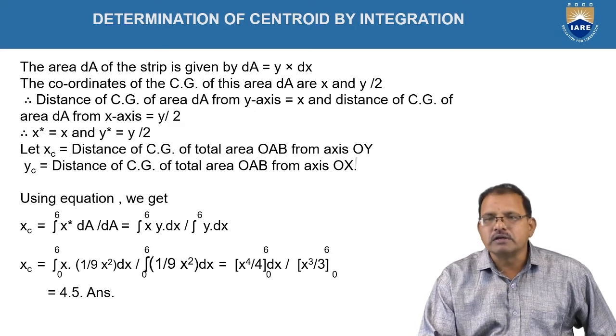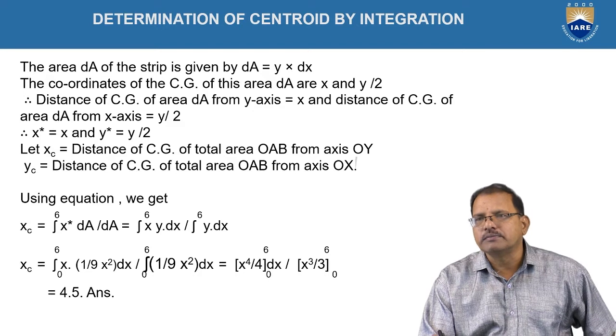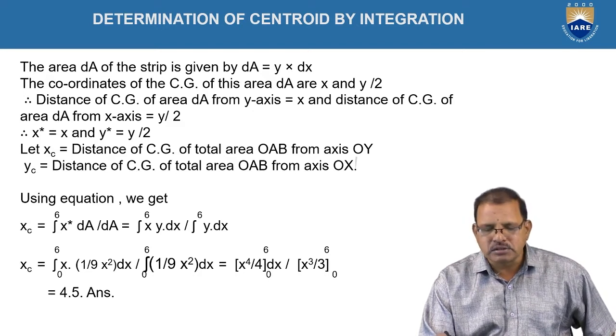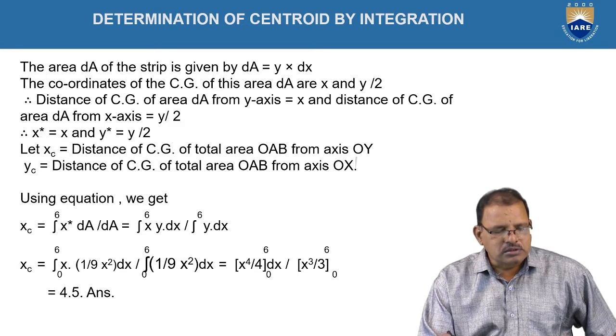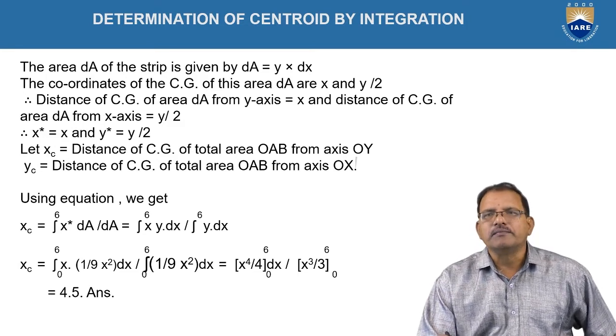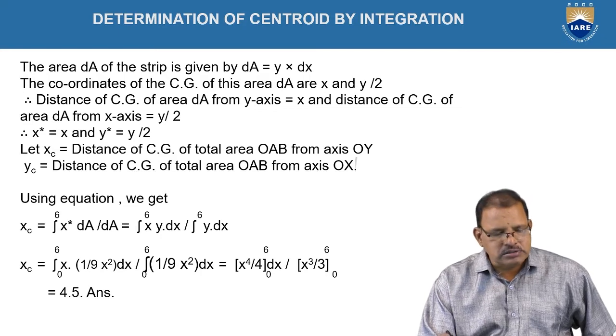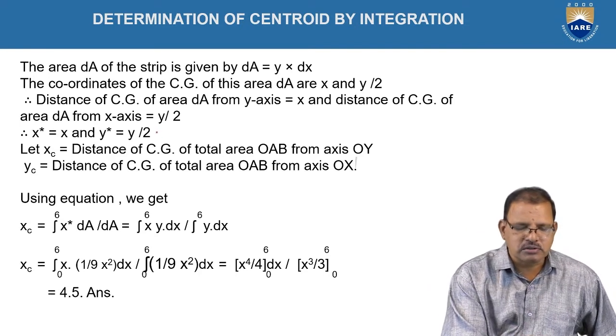The area of the strip is given by y into dx, where y is representing height and dx is representing its thickness now. The coordinates of CG of this area is given by x and y by 2. The distance of the CG of the area dA from the y-axis is equal to x, because we are considering its thickness is infinitesimally small, and from the x-axis it is at the distance of y by 2. These are now represented as x star is equal to x, y star is equal to y by 2.